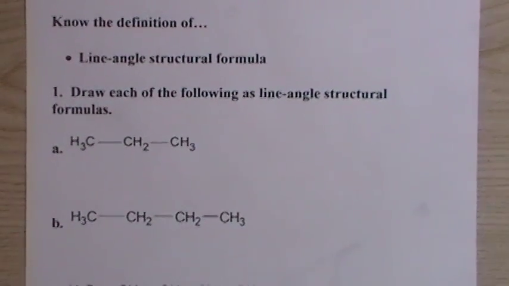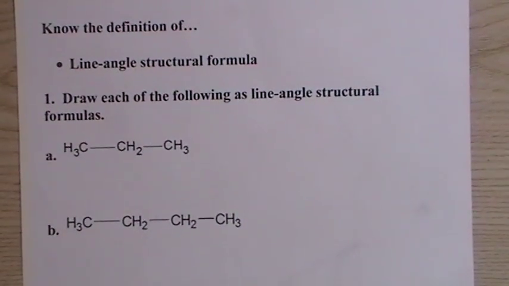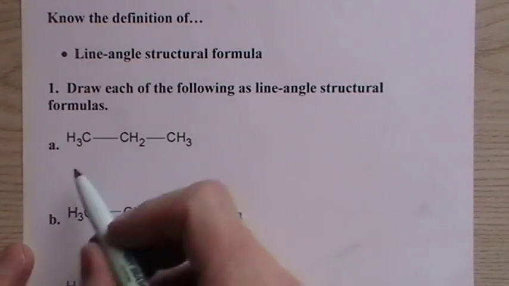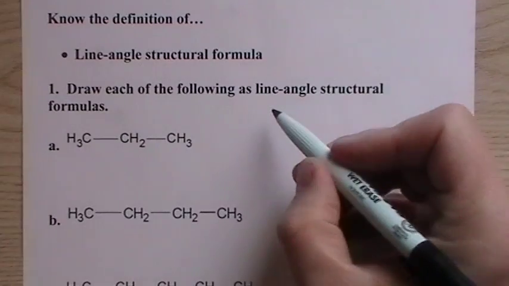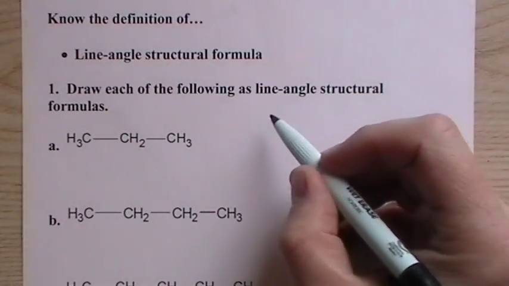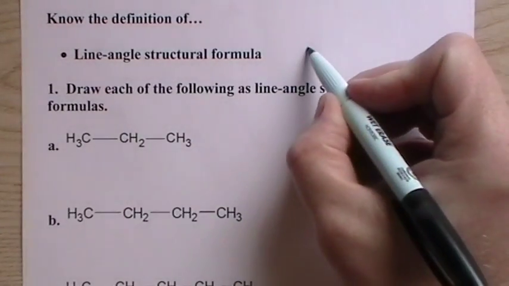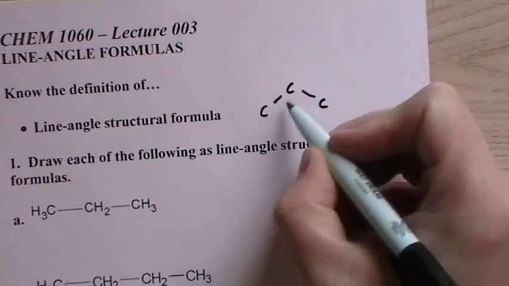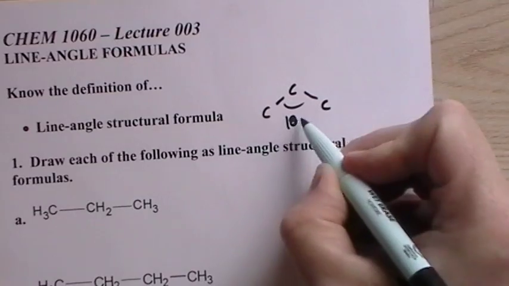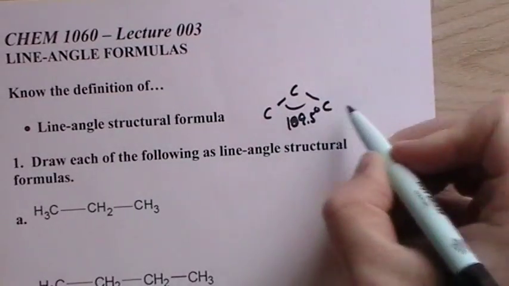Very, very important. Now, a line angle structural formula, you can see here we have the condensed ones. I'm asking you to draw them as a line angle drawing. Now, with organic molecules, say one carbon to another carbon like this, this bond angle is 109.5 degrees. There's a kink to it.